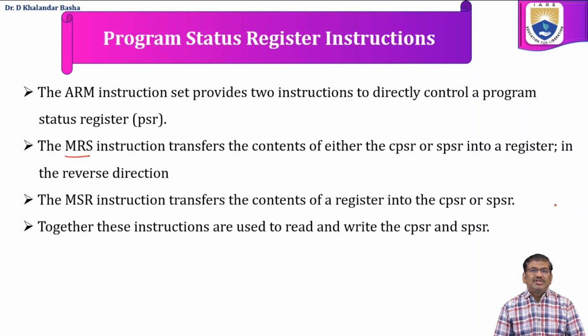The MRS instruction transfers the contents of either CPSR or SPSR into a register, and in the reverse direction, the MSR instruction transfers the contents of a register to the CPSR or SPSR. Together, these instructions are used to read and write the CPSR, current program status register, and SPSR.